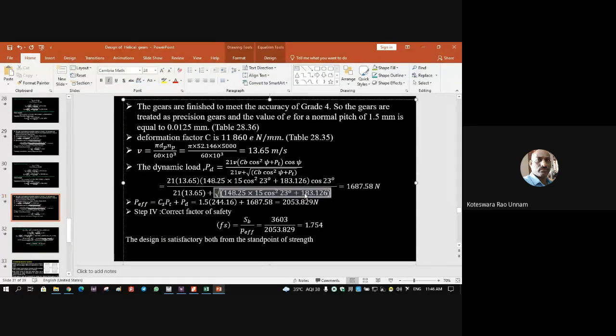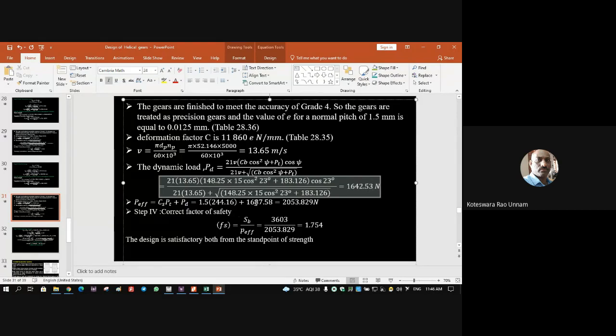You are getting 1642.53 as the dynamic load.